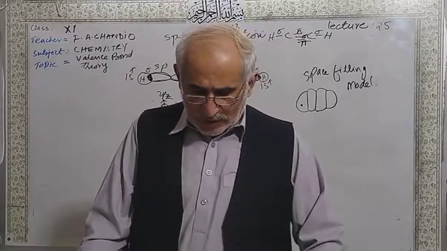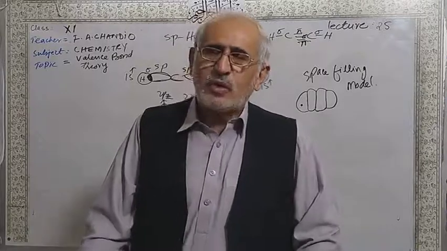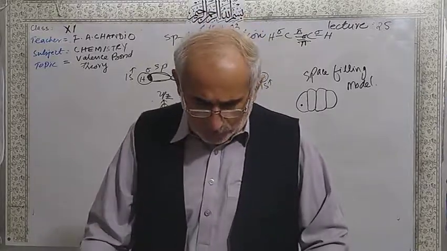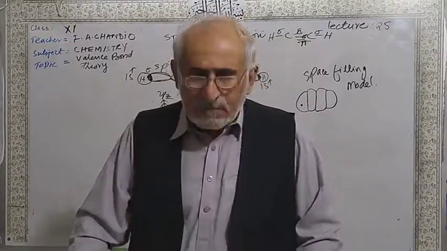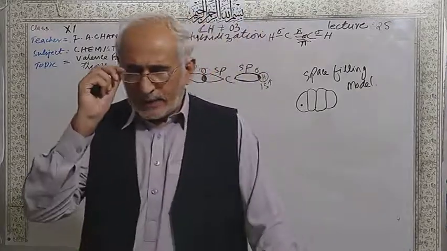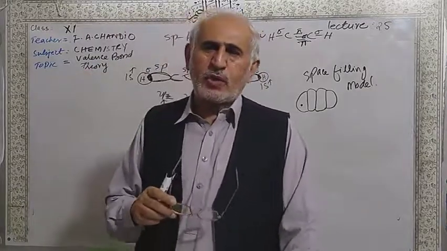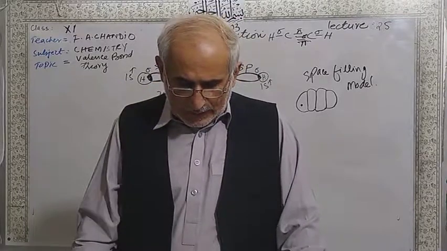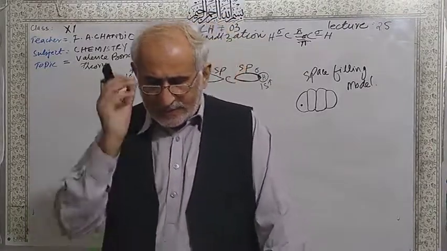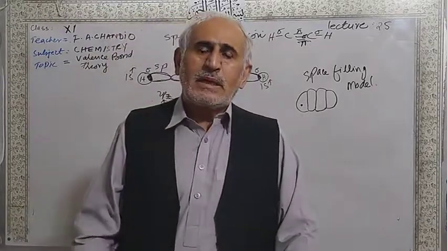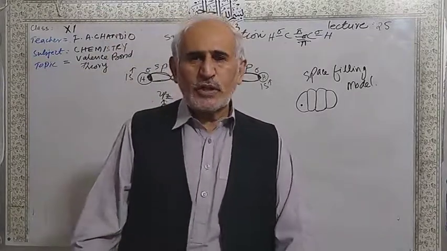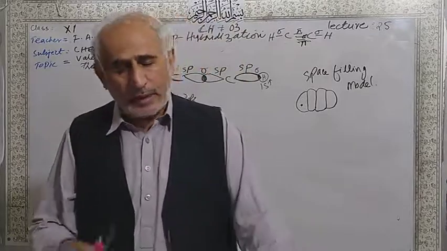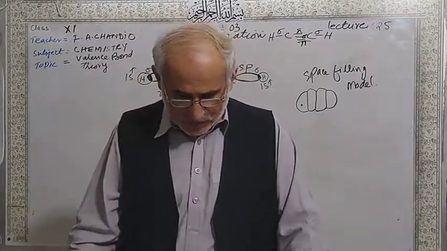The 2s and 2p orbitals of the carbon atom intermix to give 2 sp hybridized atomic orbitals, as I explained. There are 2 unhybridized atomic orbitals, 2py and 2pz, for each carbon atom. The 2 sp hybridized atomic orbitals are responsible for the formation of 3 sigma bonds by end-to-end overlapping, already explained.